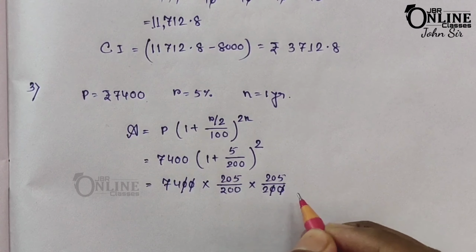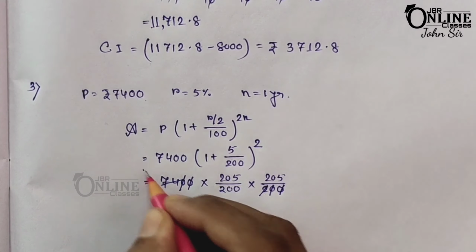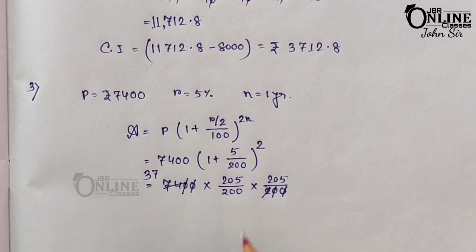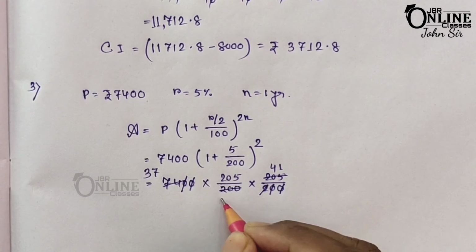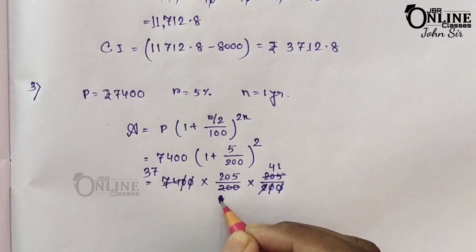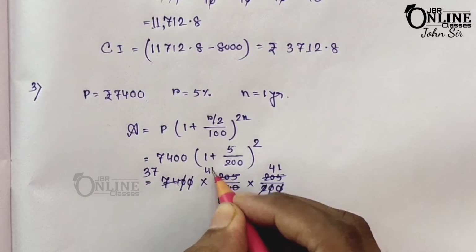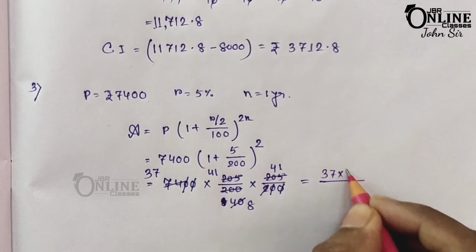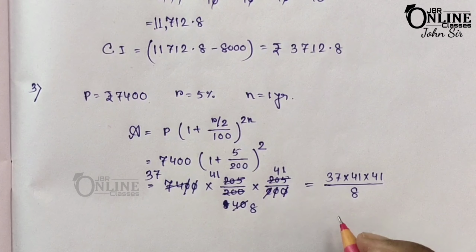So the zeros cancel out, again 2 divided by this one, 6, and it will be 7. Now here 5 4s are 20, 5 1s are 41, 5 8s are 40, it will be 41. That means you have 37 into 41 into 41 divided by 8.